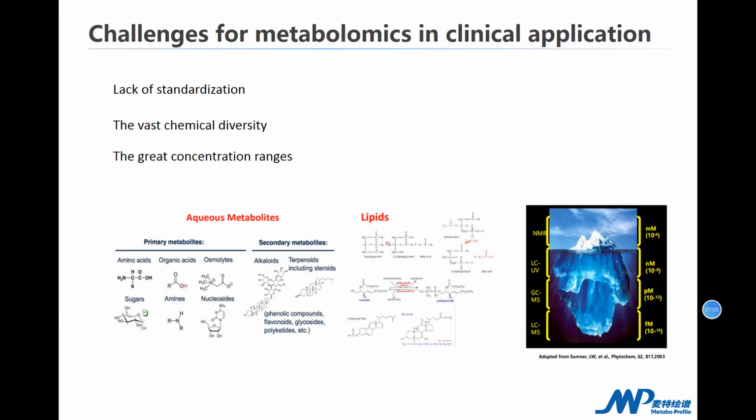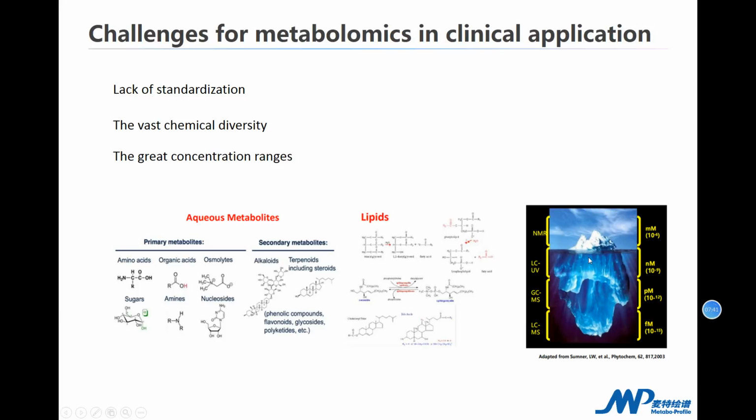Like hydrophilic metabolites of amino acids or organic acids, nucleosides, sugars, and hydrophobic metabolites like lipids, long-chain fatty acids. Usually, these metabolites need to be analyzed in several platforms. However, these technologies are generally labor-intensive and lack high throughput capability.